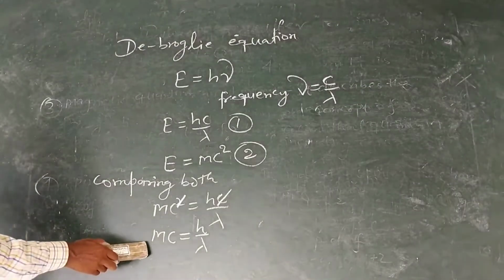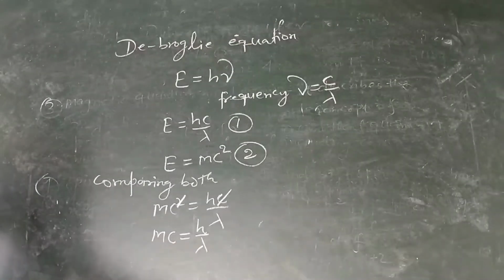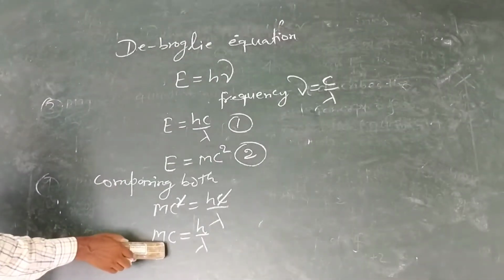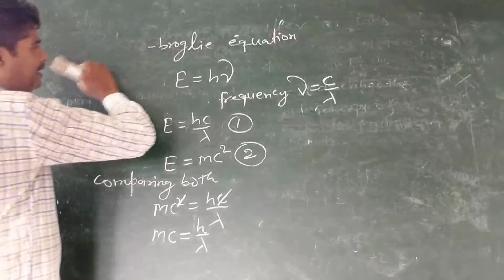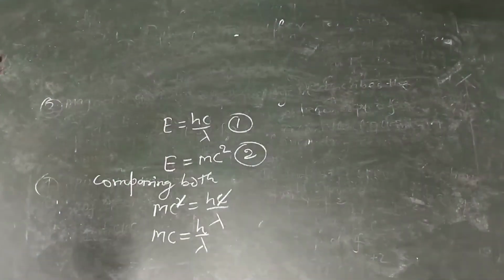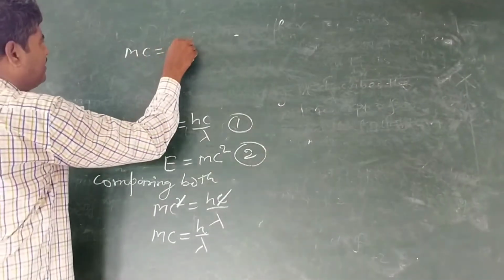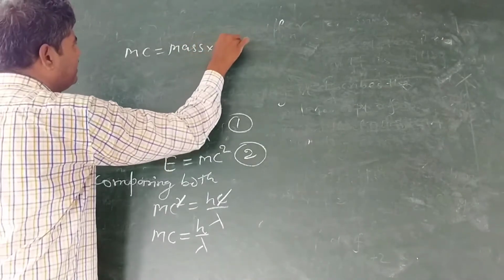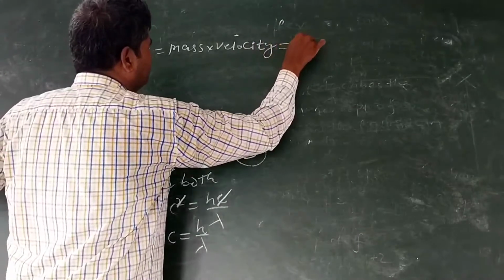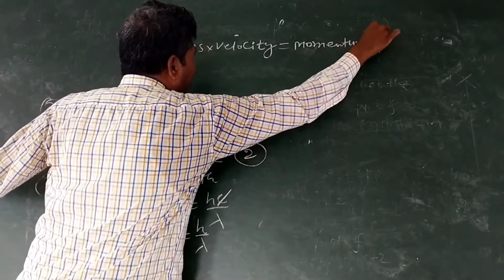m is mass, c is velocity of light. The product of mass and velocity is known as momentum. So mc is equal to p, that is momentum, represented by p.